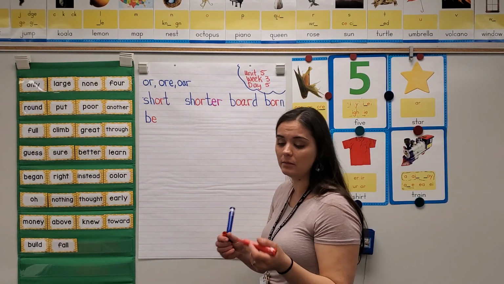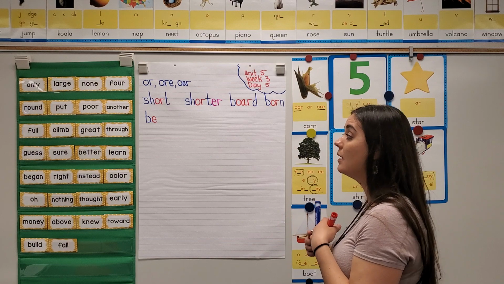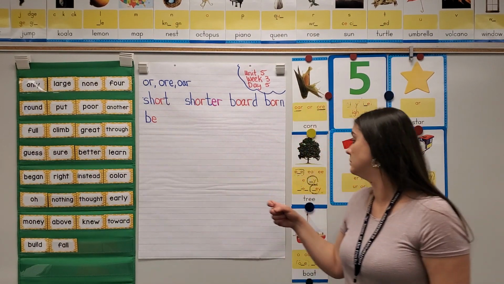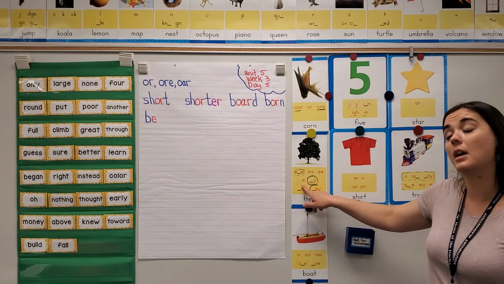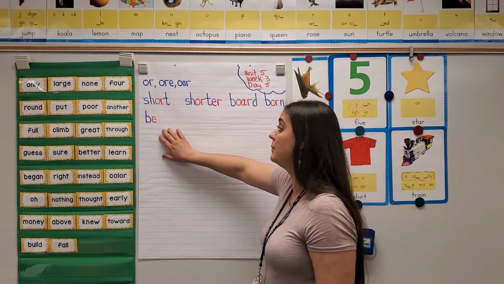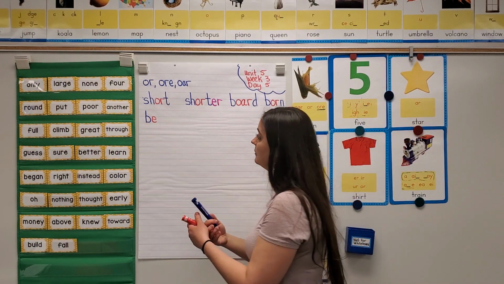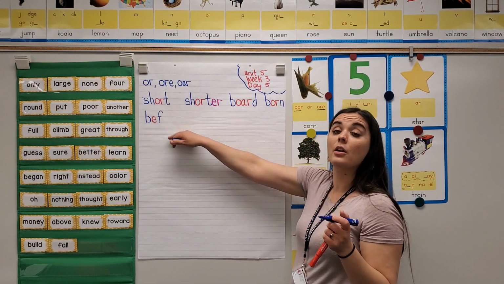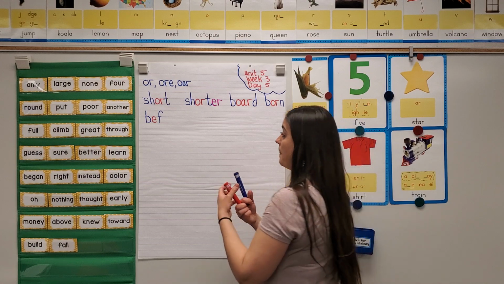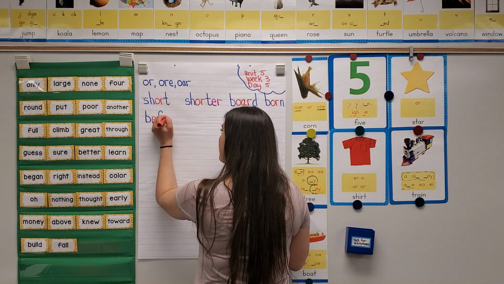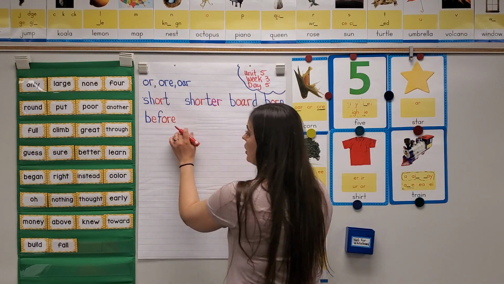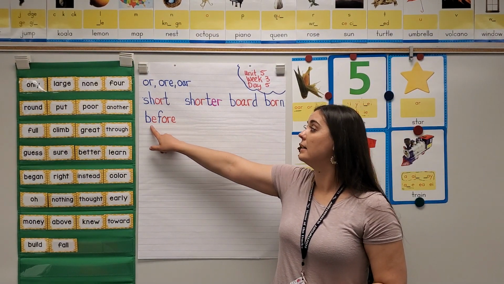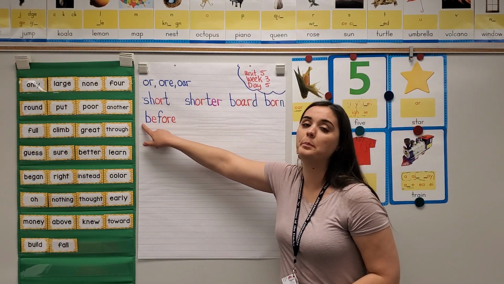And the high frequency word be, like in the word before, that E is a long E. And we know now that we can spell long E with E by itself. Ba, E. F says f. And then O-R-E, or. Let's blend. Ba, E, f, or. Before.